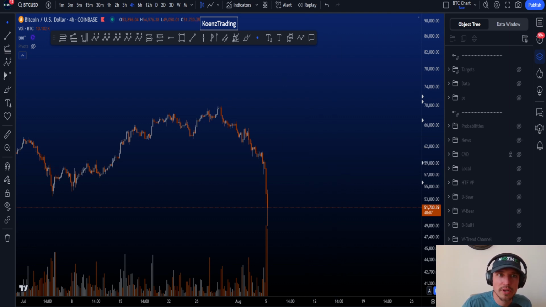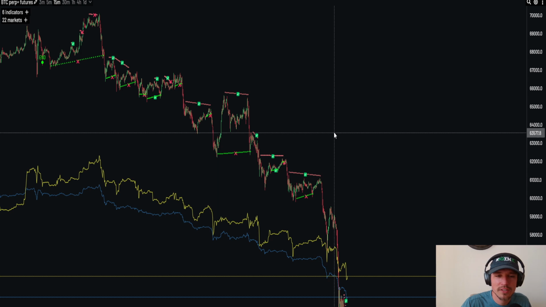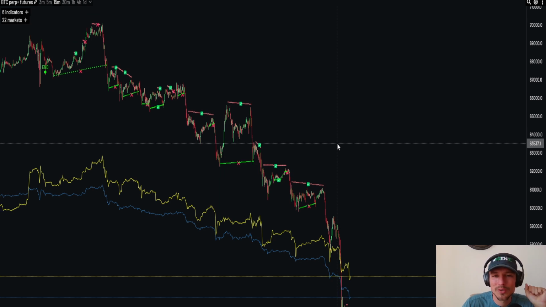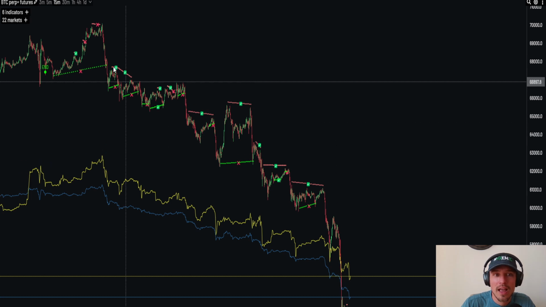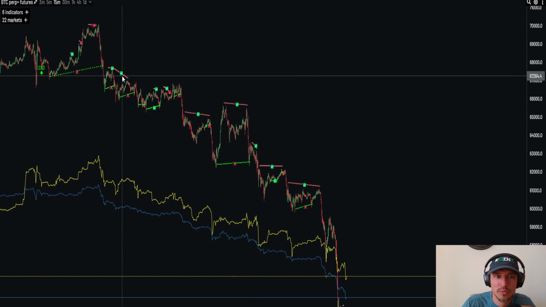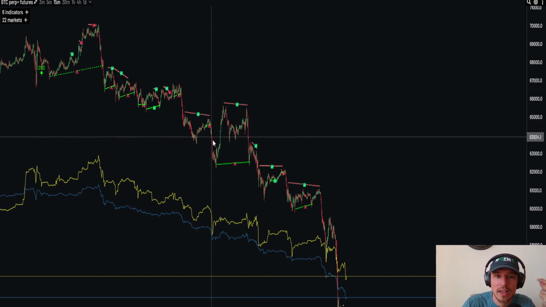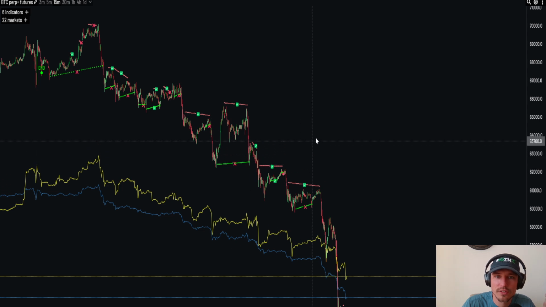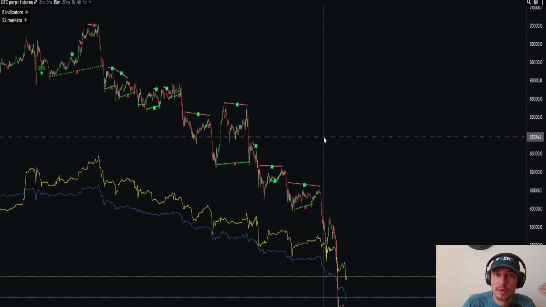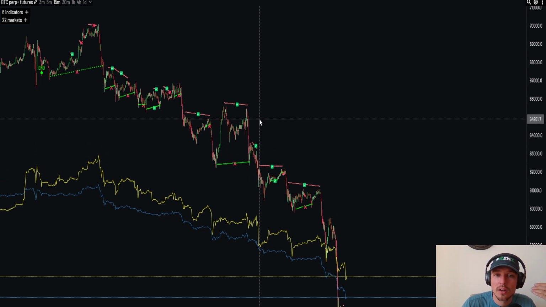When we look at the CVD divergences, this is what happened during the move to the downside. Now, I am personally a reactive trader, and when I see this, I had no interest in looking for long positions, as you can imagine, because what you see here is the red lines are bearish CVD divergences and the green ones are bullish CVD divergences, which means that with the bearish CVD divergences, market longs are being absorbed by limit short orders.